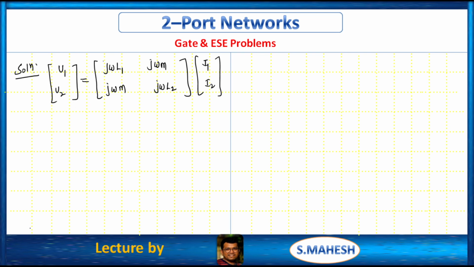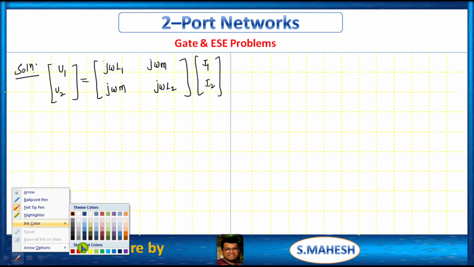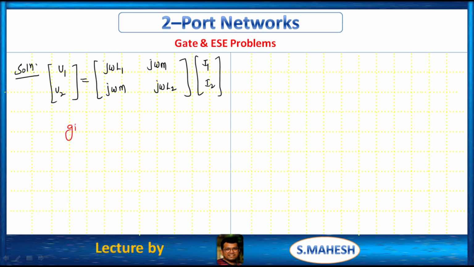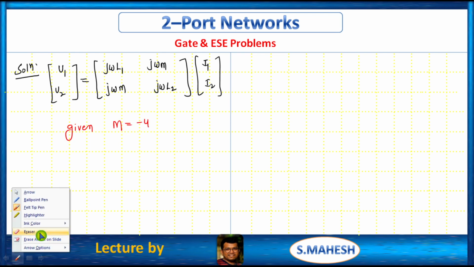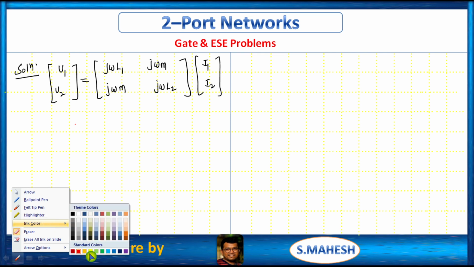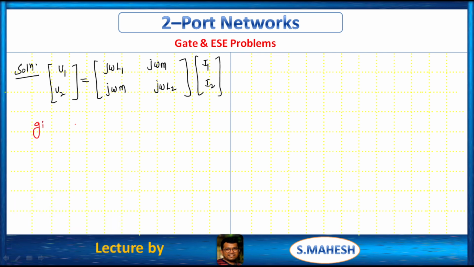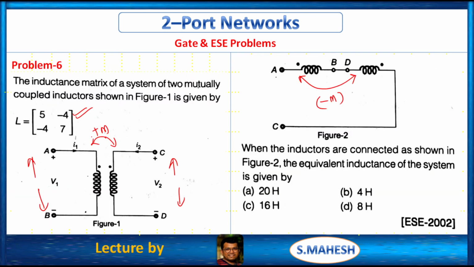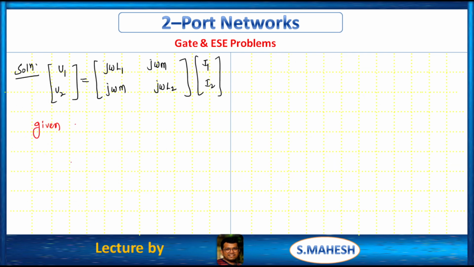Given M equals minus 4, we can write that matrix. Given, what is the matrix? 5, minus 4, minus 4, 7, right?